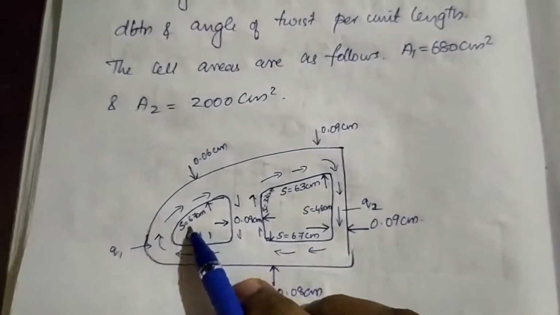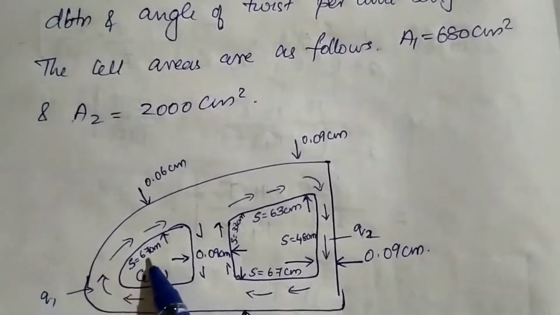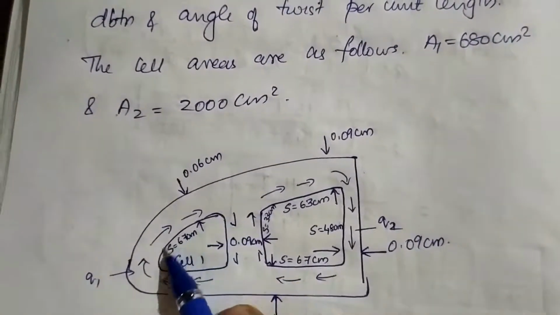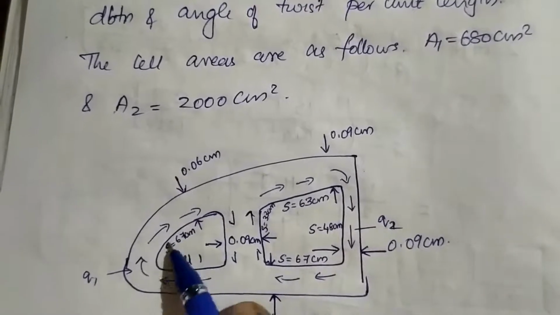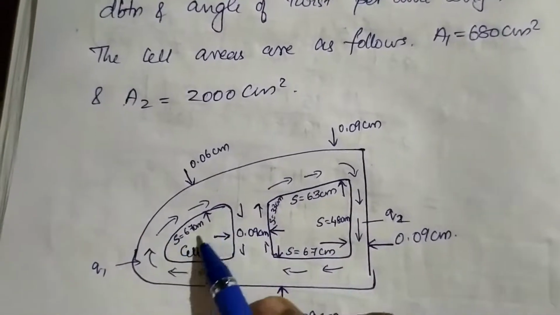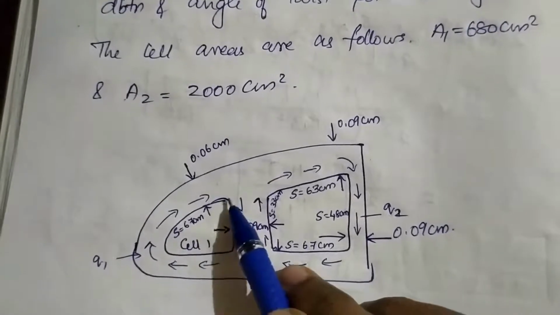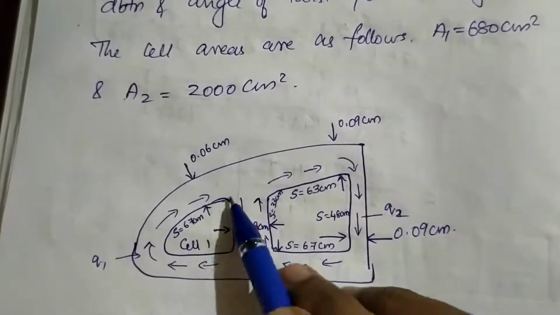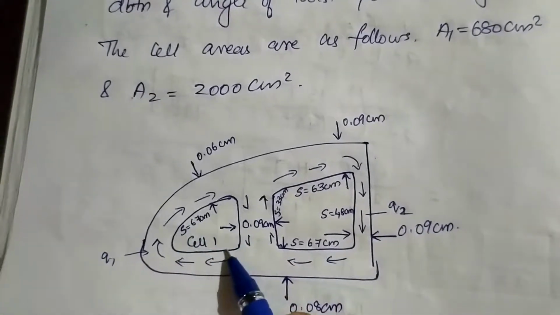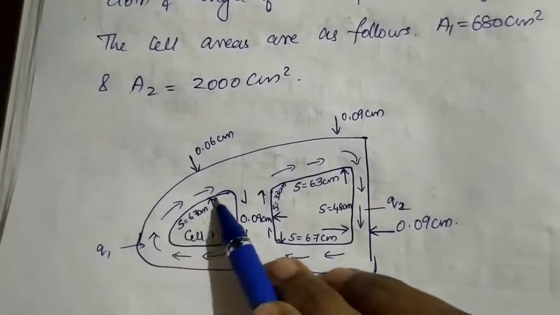They have given S is equal to 67 centimeter. That means it's not up to here. Since they have given only this value, S is equal to 67 centimeter, and no value is given here, that means S is equal to 67 centimeter will apply from here to here.